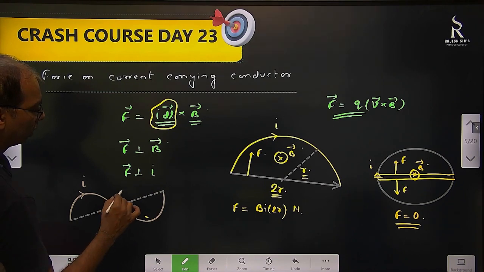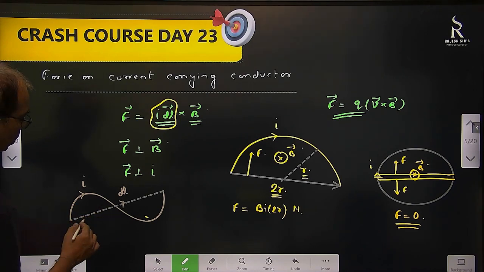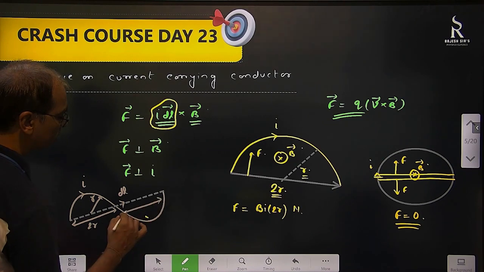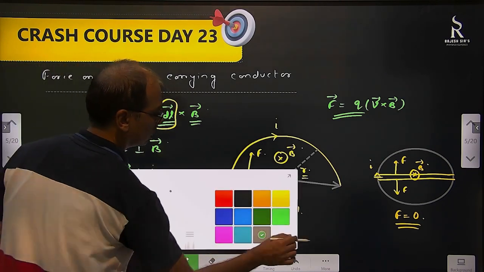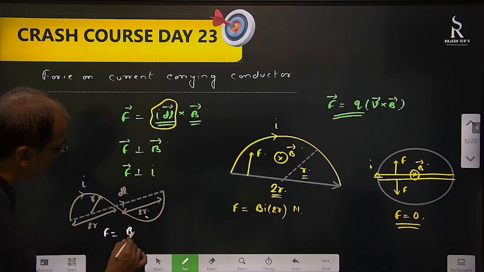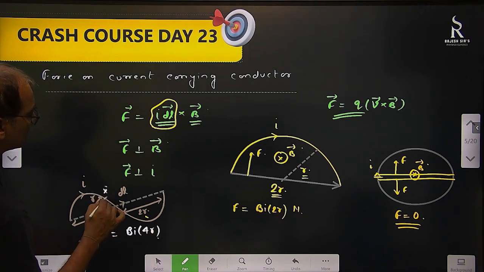This is your dl. Suppose this is a circular track, and this is given as radius R, then you know that this is also 2R and this will also be 2R. So the force on this will be B I into 4R. We say that the magnetic field is inside here.